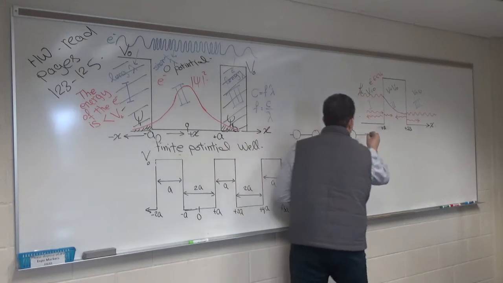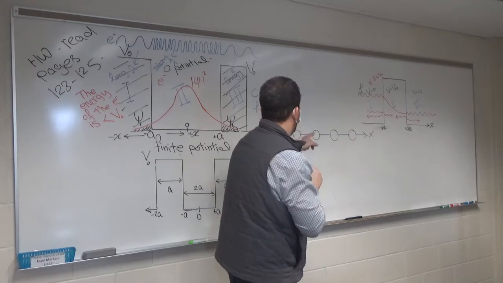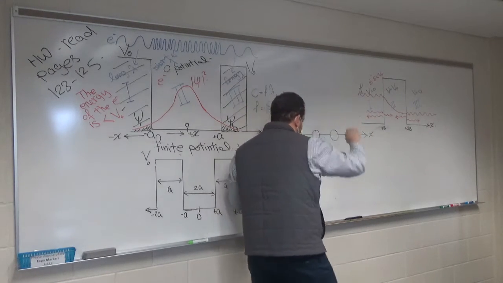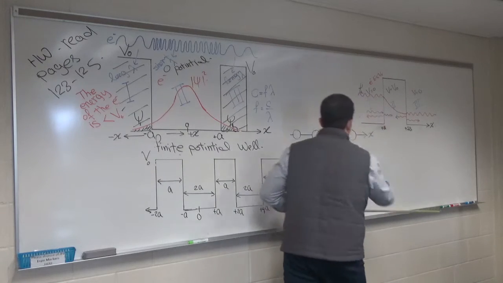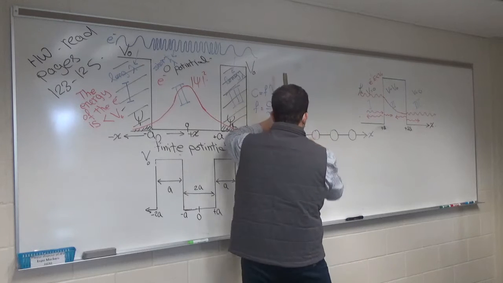Okay? Maybe this represents the x-axis just to know the position of these atoms. So we have 1, 2, 3, 4, but it is possible to have an infinite number of these atoms going on this side and going on that side. Okay, this is just in one dimension.